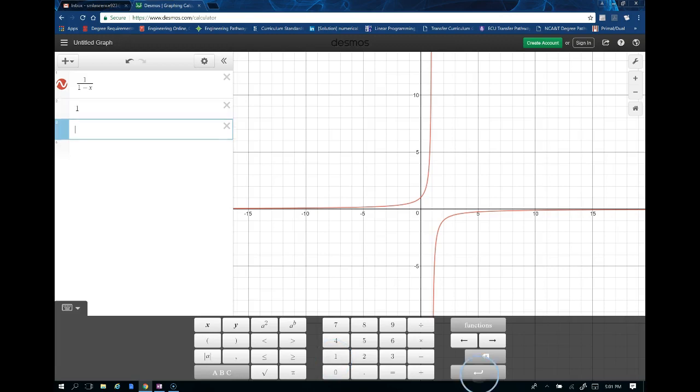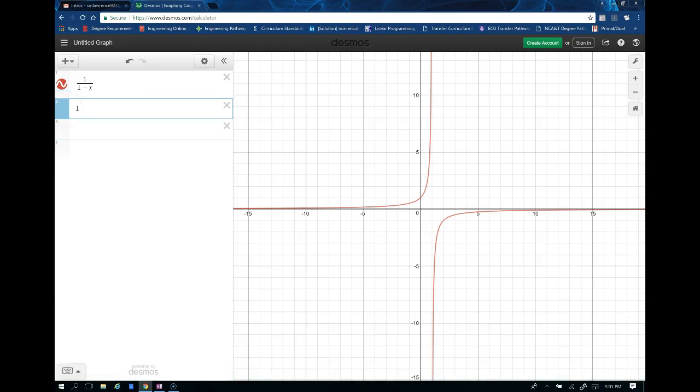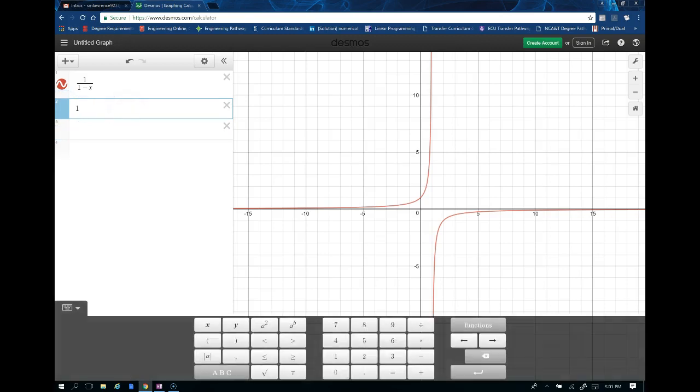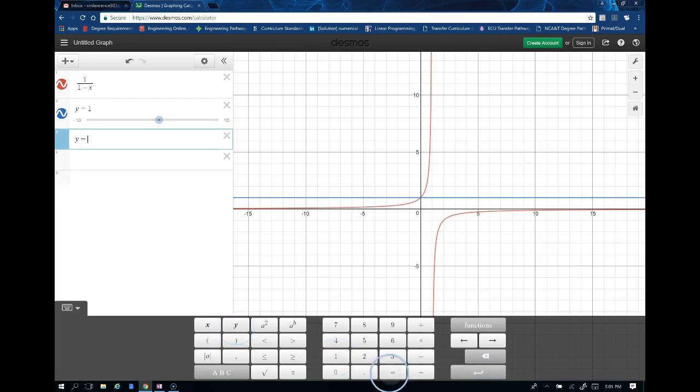So p sub 0 was just a constant function 1. And then p sub 1 was 1 plus x. p sub 2 is 1 plus x plus x squared.